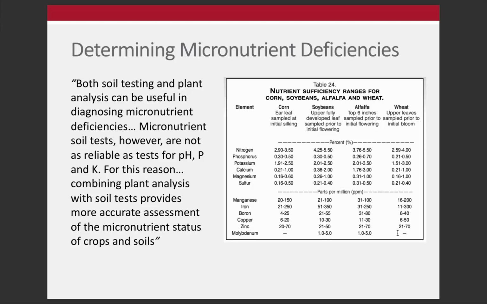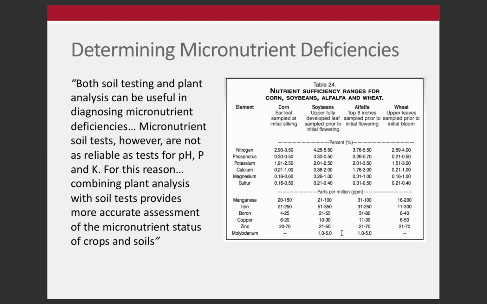Again, this is table 24 from the 1995 Tri-State, soon to be updated. But we can see that we've got these sufficiency ranges for some of these key micronutrients listed in parts per million, not on a percentage basis. Okay.